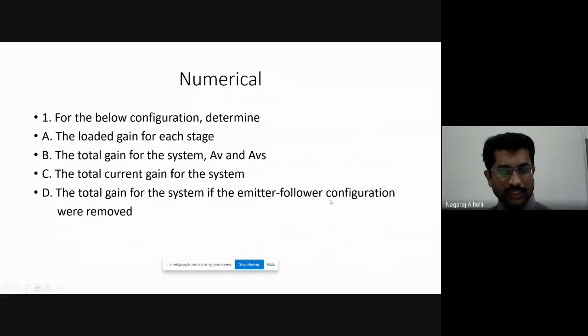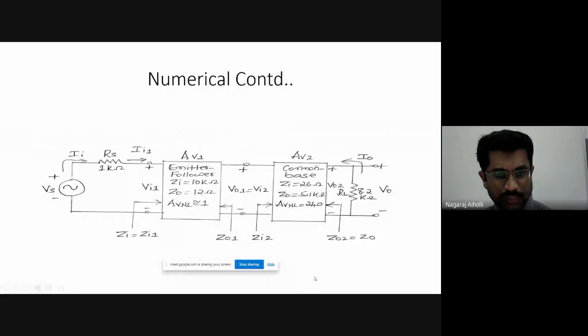Then total current gain for the system. Next is total gain for the system if the emitter follower is removed. If this portion of the circuit, the emitter follower circuit, is removed, then what will be the gain of the system.